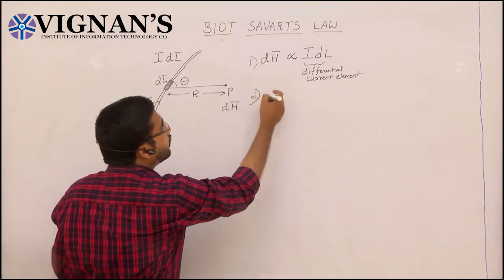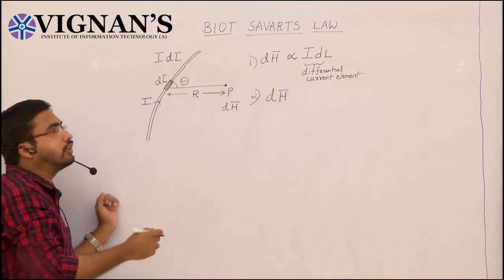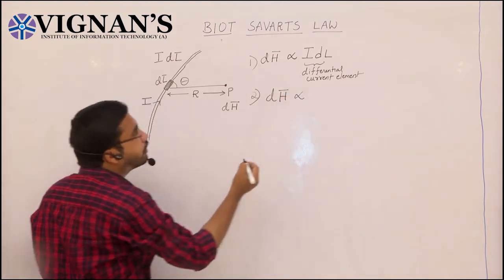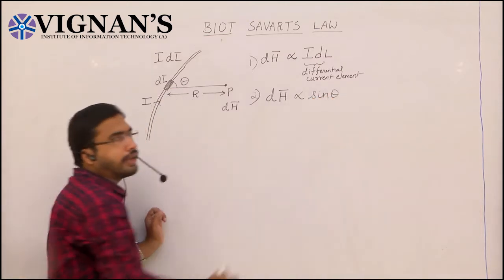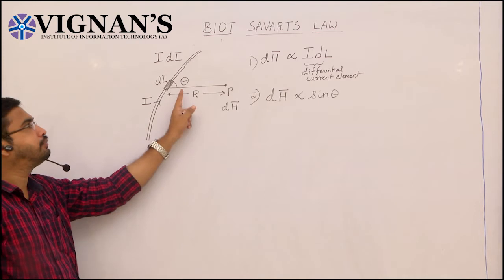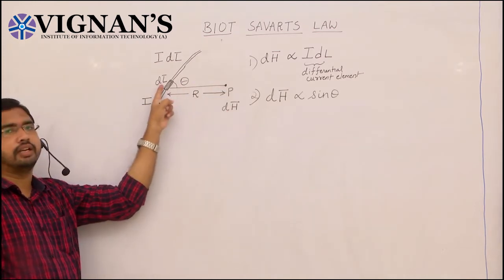The second observation is the differential magnetic field intensity dH is also directly proportional to the sine of the angle between the line joining this point P and this differential length dl.